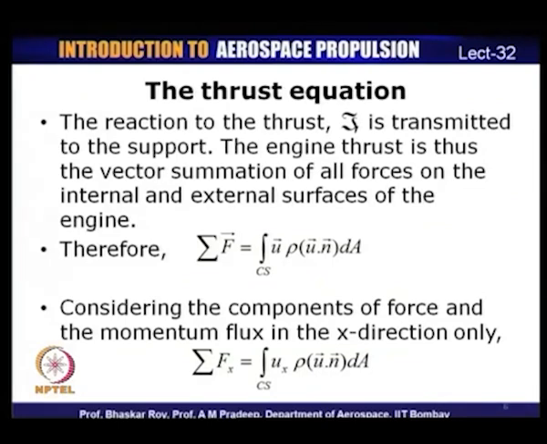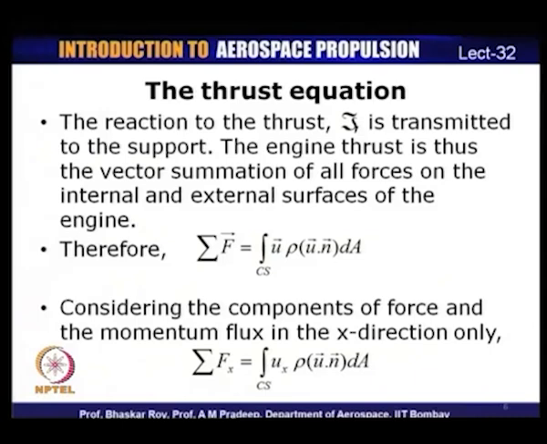Therefore, if we were to add up all those vector quantities, we have the summation of vector force equal to the integral over the control surface of vector u times rho u dot n dA. Basically this is mass flow rate times the velocity, which is the change in momentum, which as per Newton's second law is the force acting on the system.